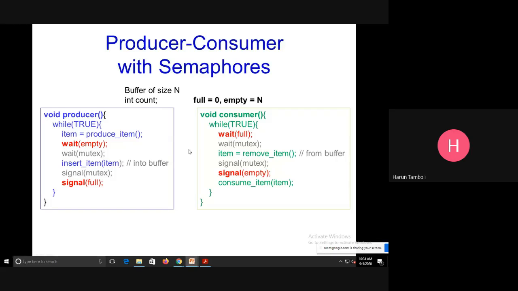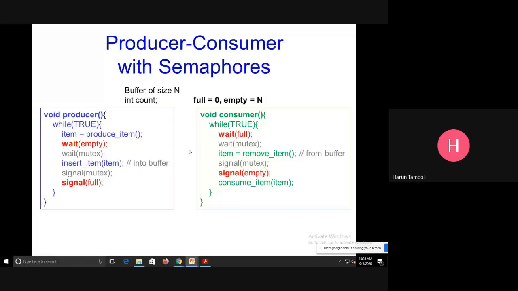We are using these 3 variables. The first while loop will check the true condition. The process will enter into the loop, and it will call the function produce item, and after calling the function, it will go for the wait operation.